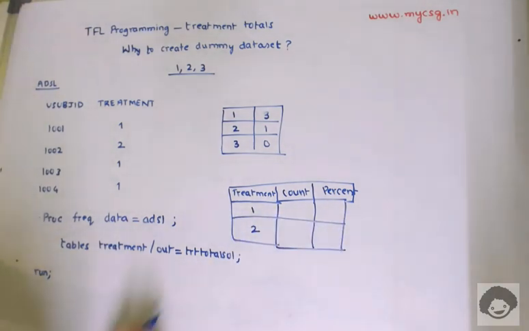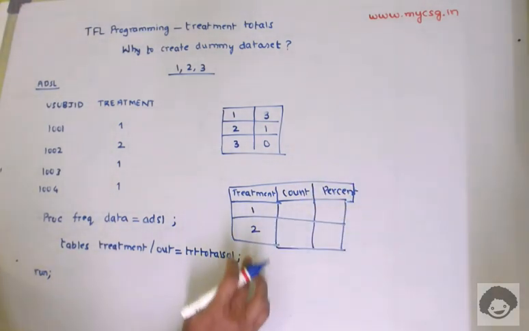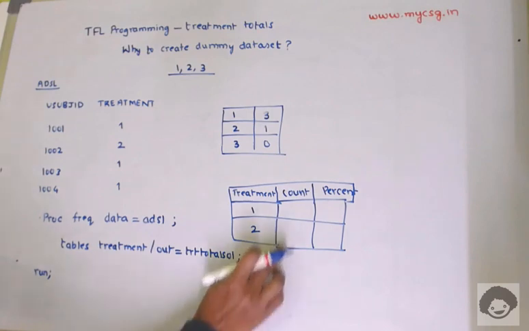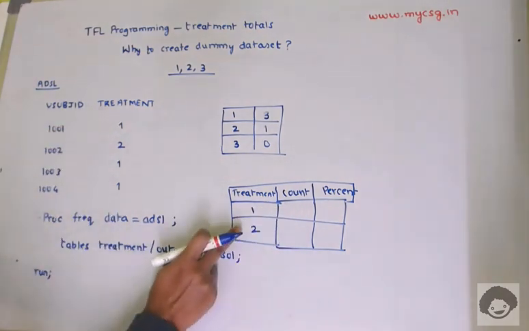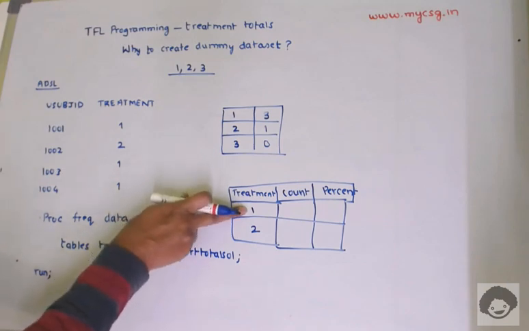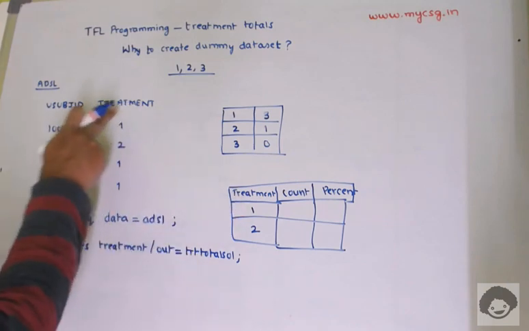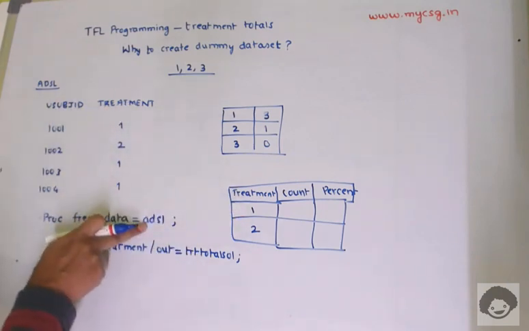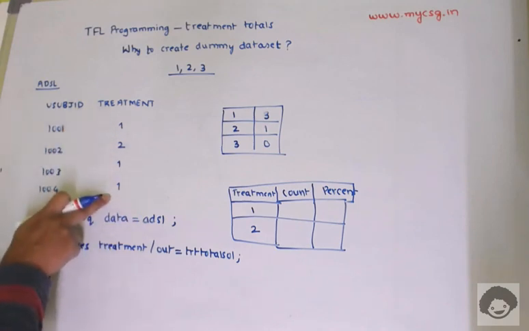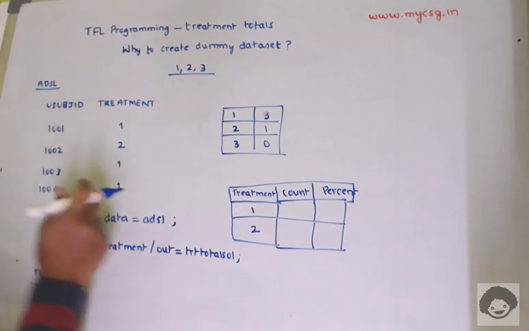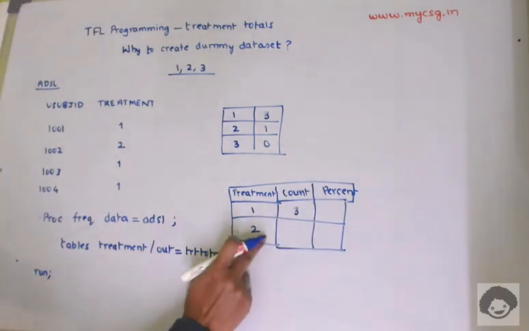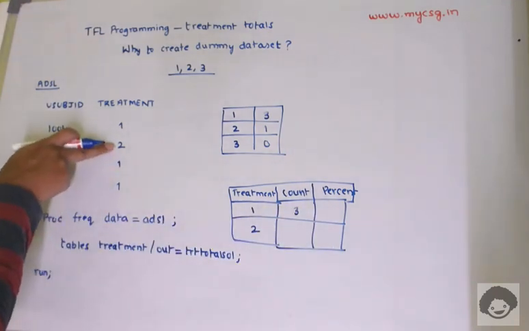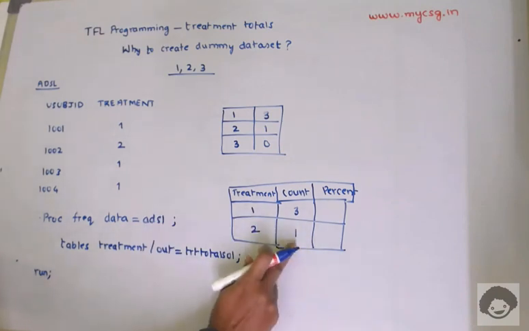As we are not interested in percentage, I will manually fill in only the count. In the count variable, it will give the number of instances with the value of 1 in the input data set. How many instances are there? 1, 2 and 3. So it would give us 3 here. And how many records were there with 2? Only 1. So here we have only 1.